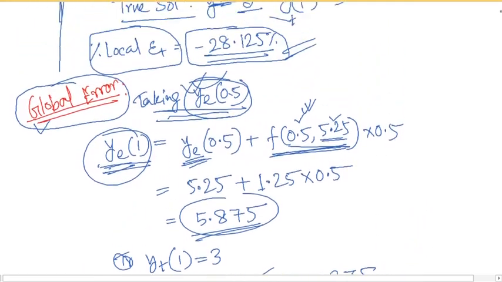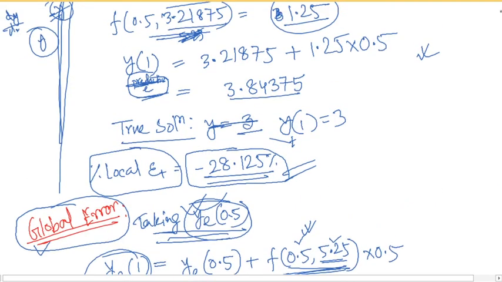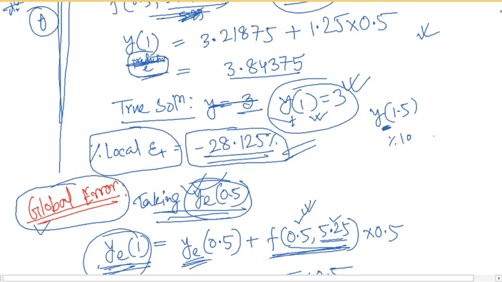And these values are ye is 5.875, or you can use yt, that is the true value. You can use what we have obtained, this one, for the next one. So if you use this yt for calculating y at 1.5, I will not write anything here. If you use yt, that will give you the local error.